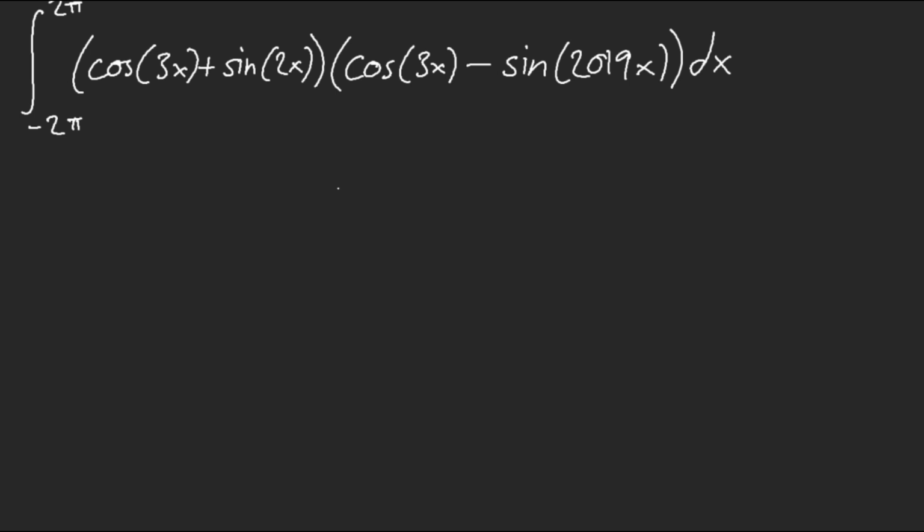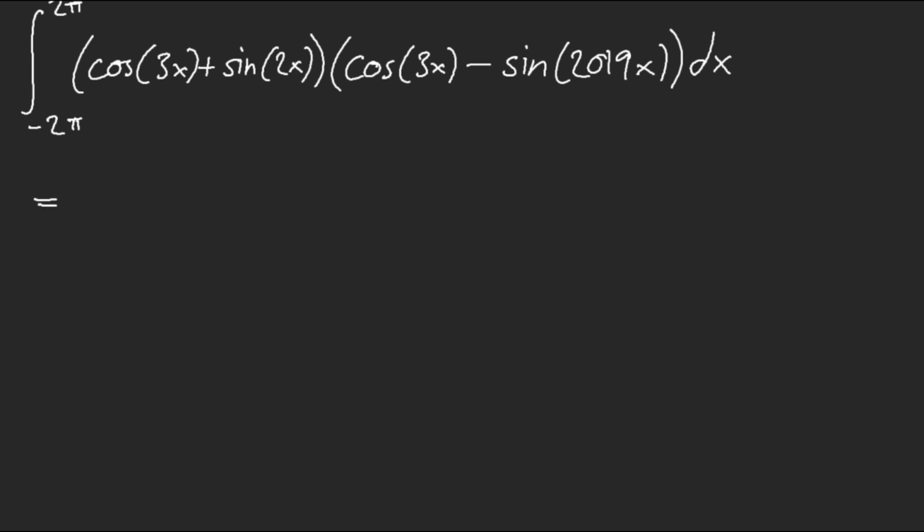So this integral is, I believe, similar to a problem from the UC Berkeley Integration Bee from 2020. And in this case, we can see some symmetries here, right? This here and this here is an odd function.